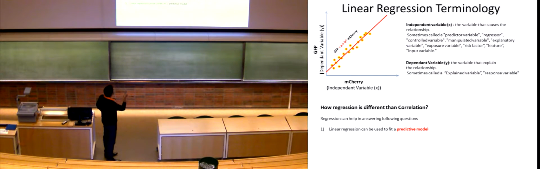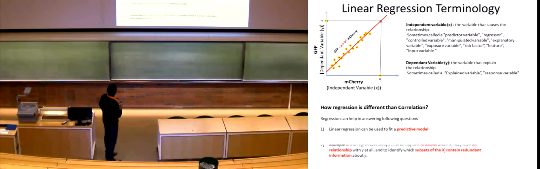Once I have a line here, if I have a point xi, which is my input variable, in the future I can draw a vertical line and then find the y-intercept at that particular position, and that would be the predicted output variable. So this is one advantage that regression has over correlation.